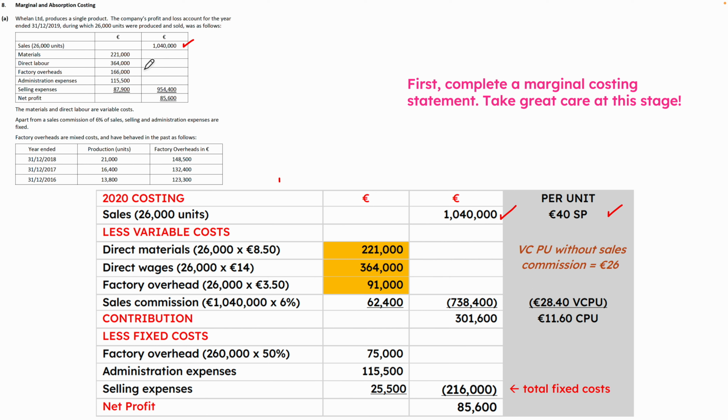Now, less variable costs. So we've got the 221,000 euro, we've got €364,000, and we've got in the factory overheads, you can see we've multiplied the €26,000 by the €3.50 variable that we found out using the high-low method. And so that makes €91,000. And then for the sales commission, so 6% of sales, so it was 6% multiplied by the 104,000, and we got €62,400.